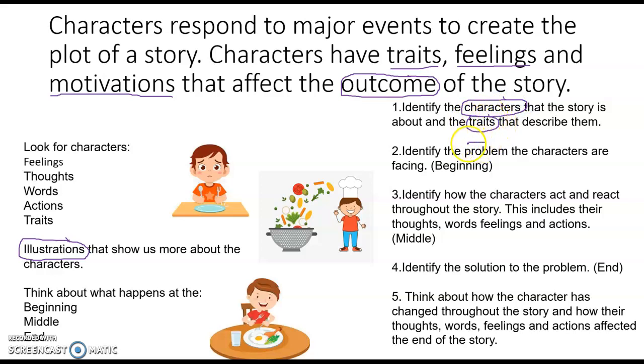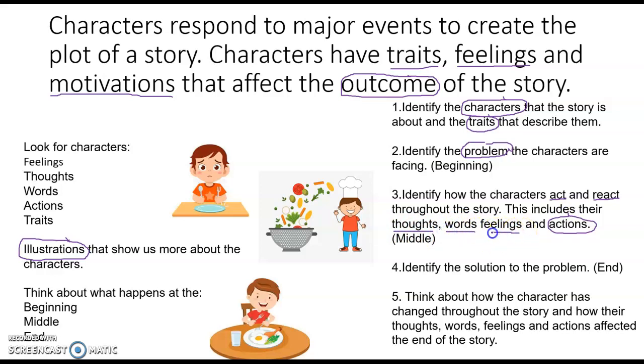Then we look for that problem at the beginning, and we start to identify how the characters are acting and reacting to the problem, not just through their actions, but also through their thoughts and their words and their feelings.